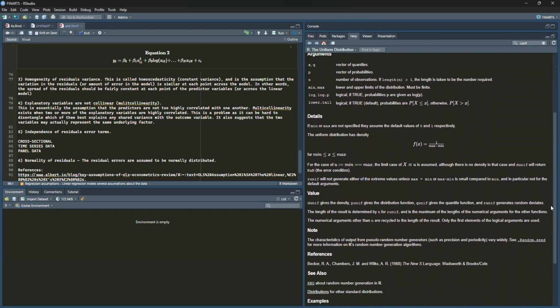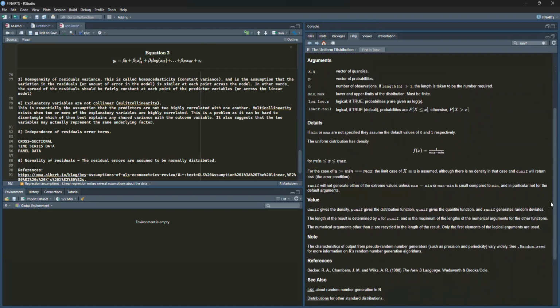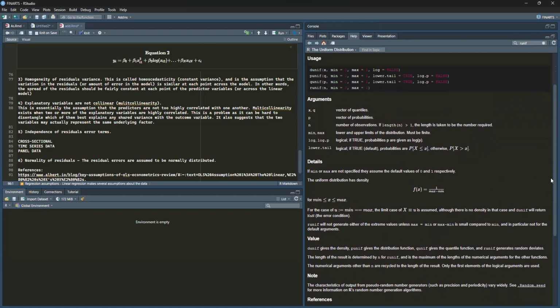Go up please. Look at the usage. Could you point your cursor to that, please? There, runif. In runif, you specify how many numbers to generate, then the minimum number, then the maximum number.